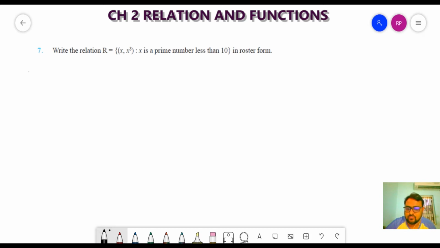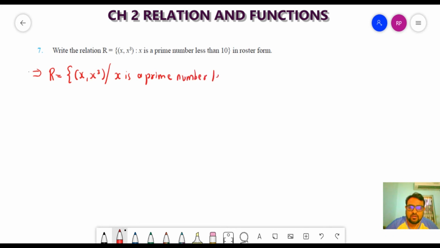R is equal to the ordered pair x, x cube such that x is a prime number less than 10. Now see here, the ordered pair is x and x cube.